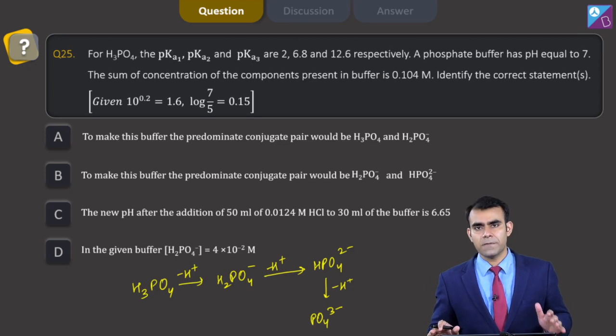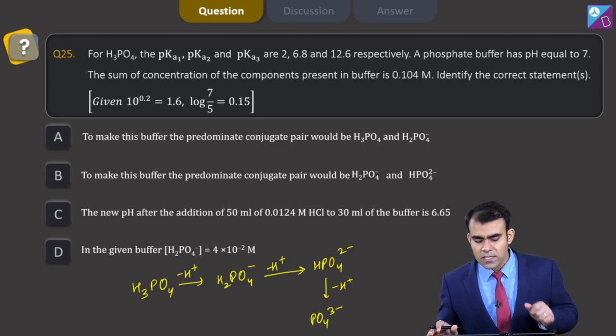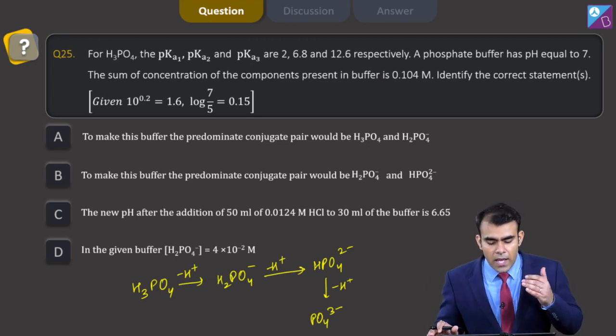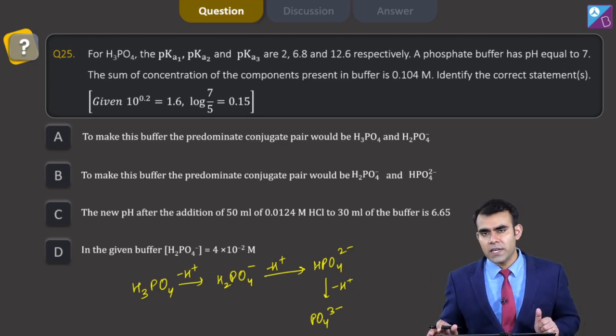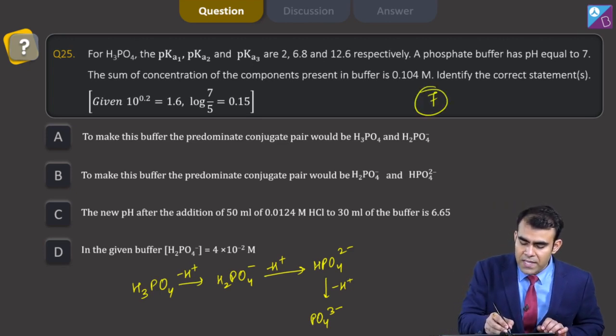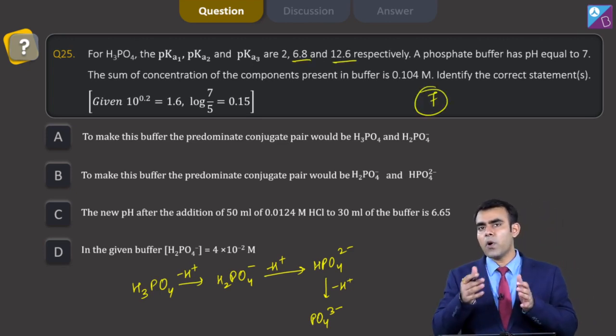Now see, the pKa of H3PO4 is 2, whereas the pKa of H2PO4 minus is 6.8, and the pH is 7, which is between the 6.8 and 12.6.